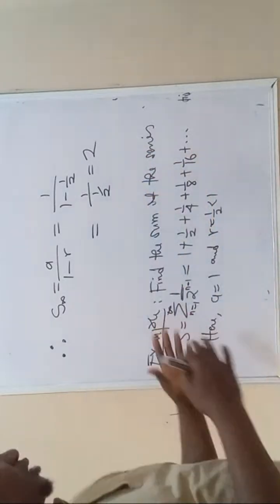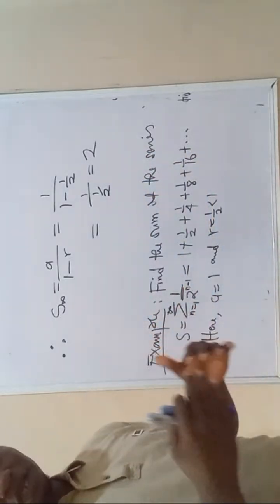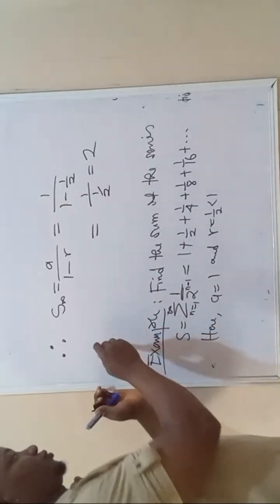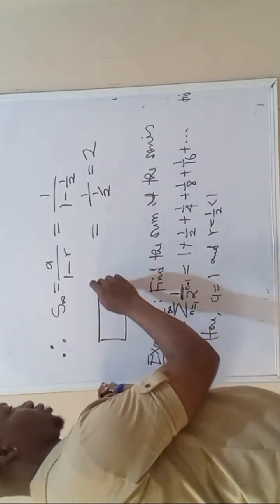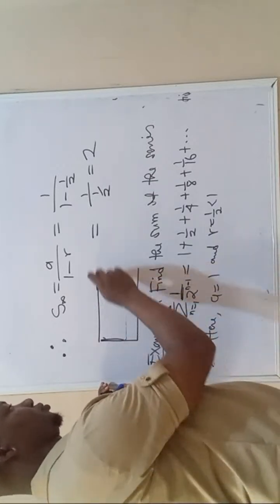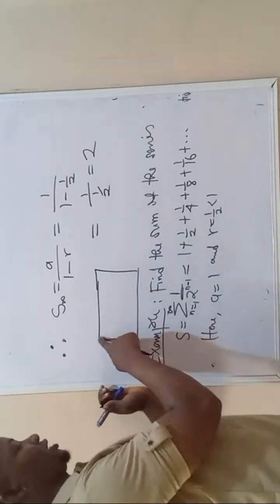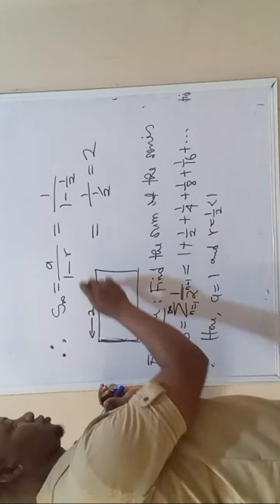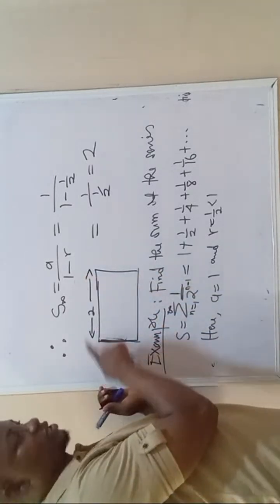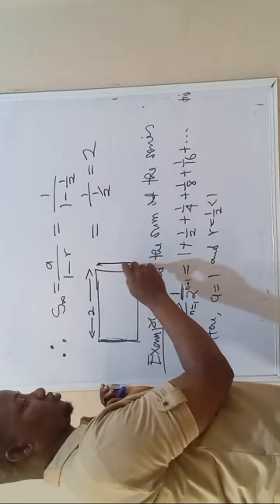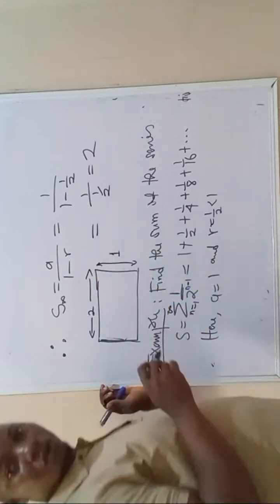So let us see this in the geometrical view. Suppose we have a rectangle of this form, whose length from here to here is 2, and the length of that rectangle from here to here is 1.